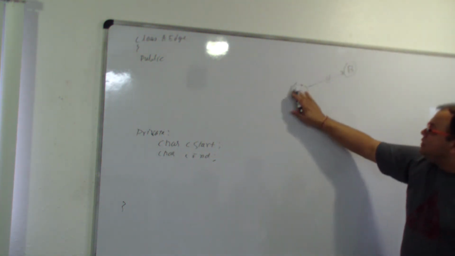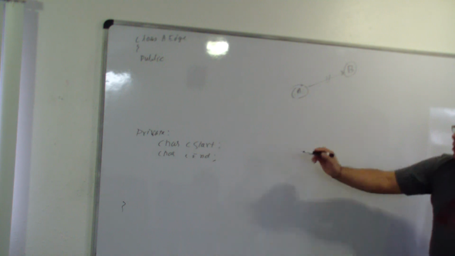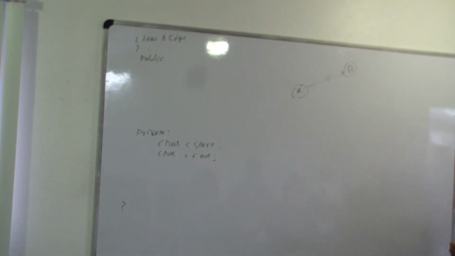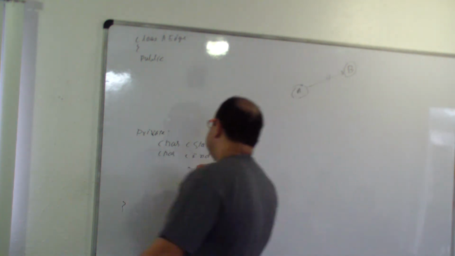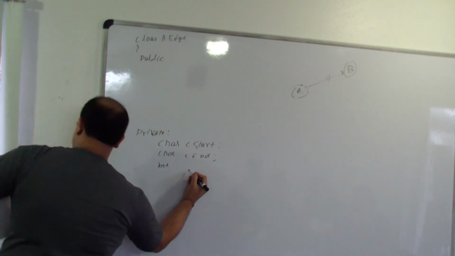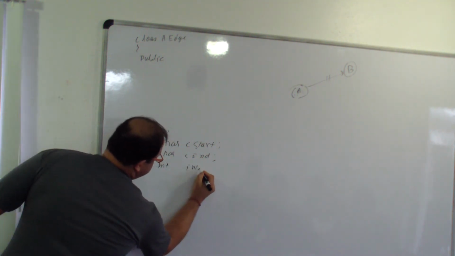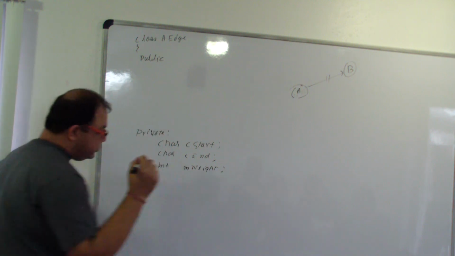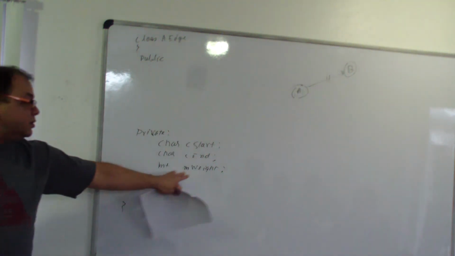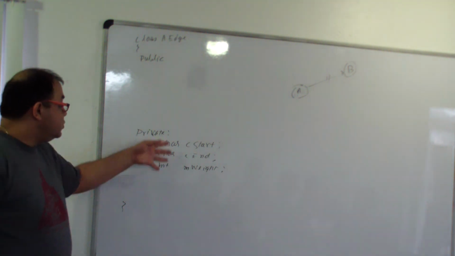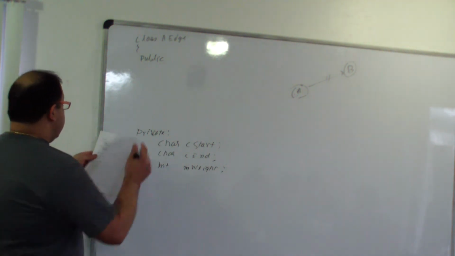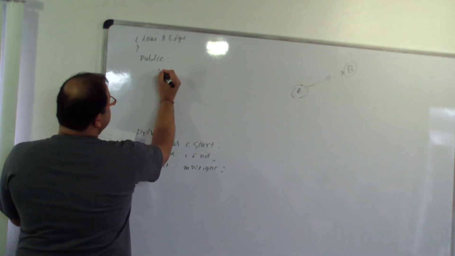For simplicity, we are just taking a character right now. Then there is a weight. Weight is basically how much distance between two nodes. So we will say integer m weight, m meaning member. That is the private section, and then how we will create an edge.